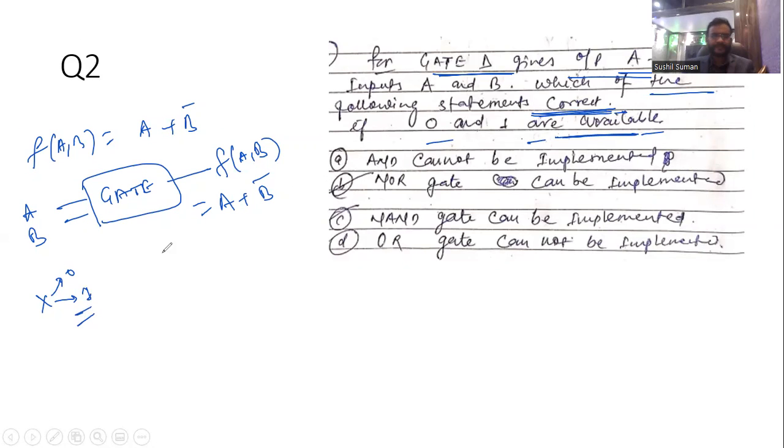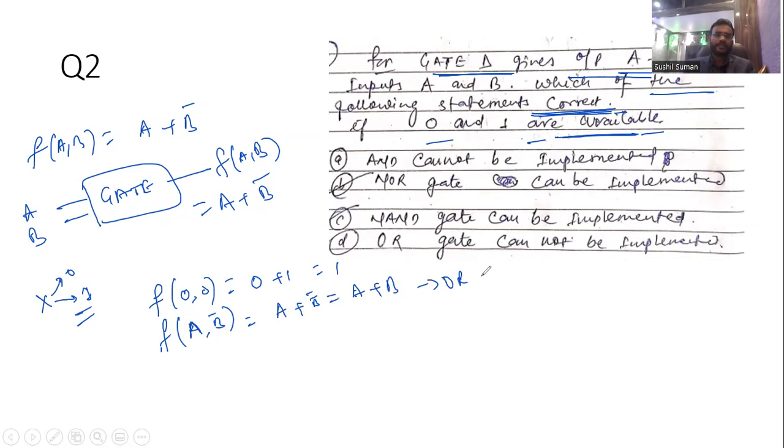My dear students, if you put f of 0, 0, then this is 0 plus 1, this is 1. If you put A and B bar, then this becomes A plus B bar, whole bar, which is A bar B. If you put A bar, B, then this becomes A bar plus B bar, that is AB whole bar.